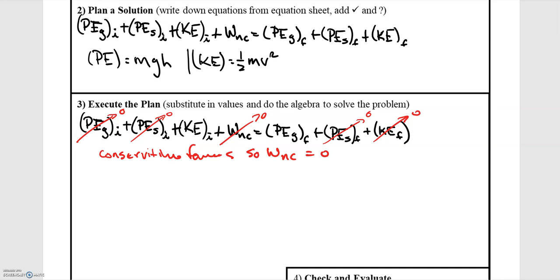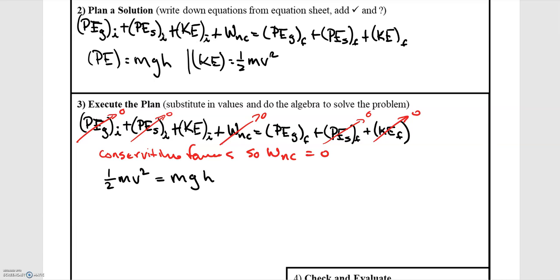Now that we've simplified things, we can substitute in. Our kinetic energy is from above 1/2 m v squared, and our potential energy is equal to m times g times h.